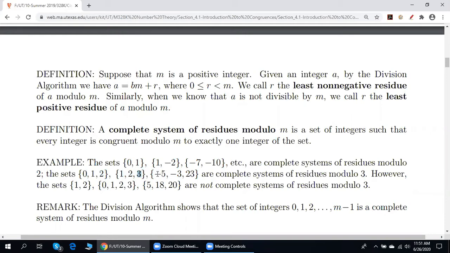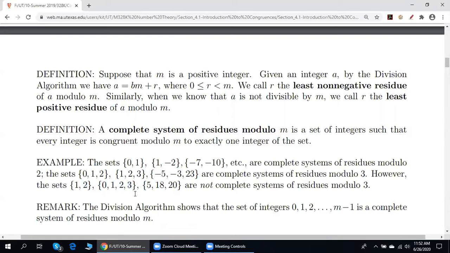Any integer is congruent to either -5 or -3 or 23 modulo 3. However, this is not a complete system of residues modulo 3 because there are infinitely many integers that are not congruent to either 1 or 2 modulo 3.